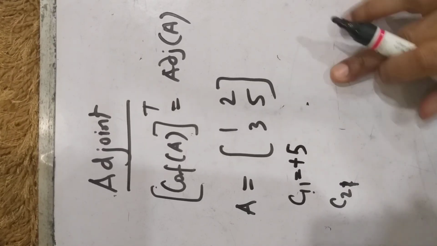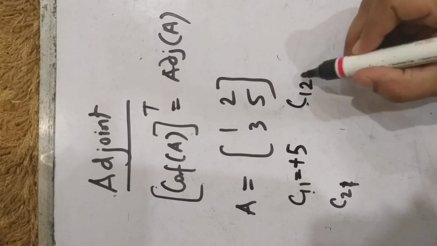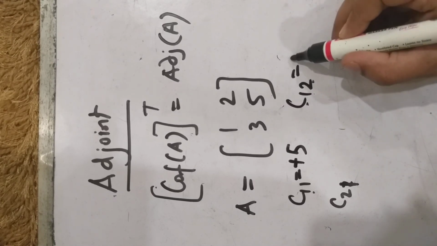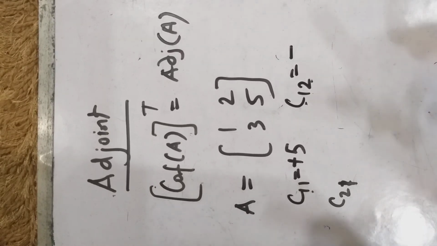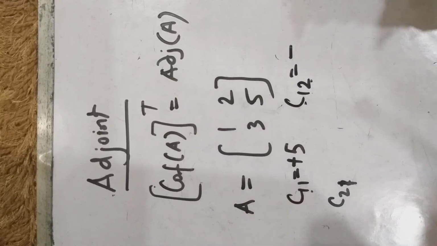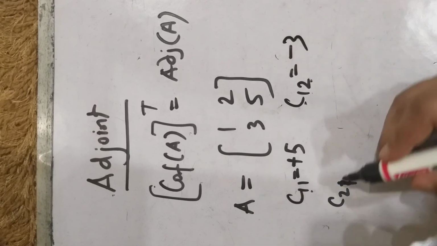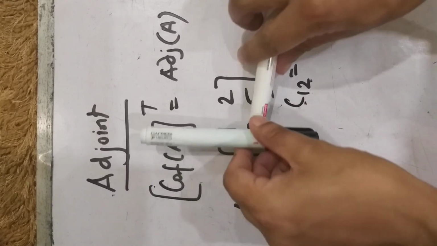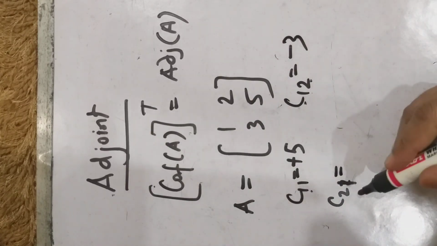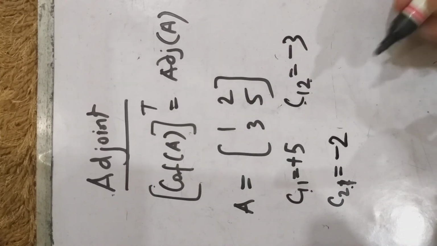C12, let us write it a little far. C12, 1 plus 2 is 3, which is odd, so negative. If I block the first row and second column, I get 3, so minus 3. C21, 21 is this, block it to get 2, and since it is odd, minus 2.